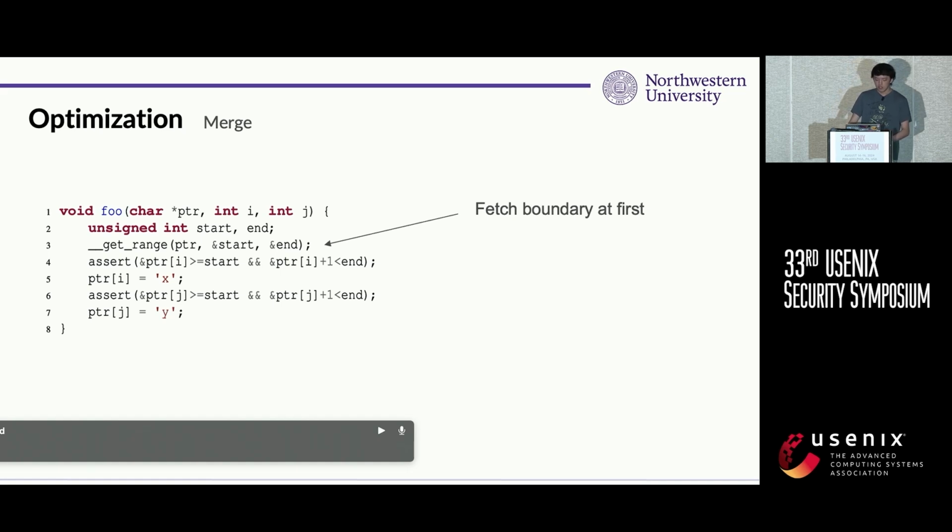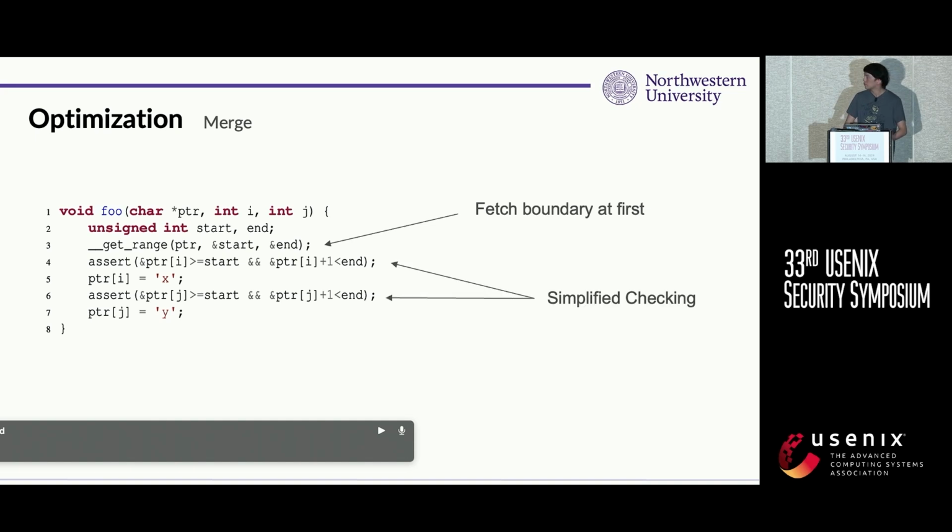Since we always need to fetch the boundary of each pointer first, then check if the result pointer overflowed or underflowed, if our compiler notices that multiple pointers are generated from the same base pointer, as in this example, line 5 and line 7, ptrI and ptrJ are both generated from the ptr passed from outside of the function, we can fetch the boundary of ptr first.